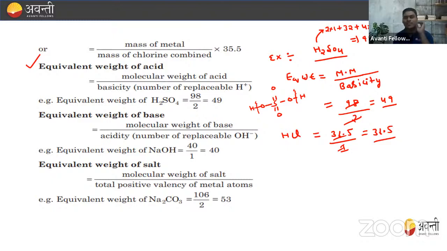So I hope it is clear. How will you calculate the equivalent weight of an acid? जल्दी से confirm करो फटाफट. This is clear? Everyone got it? How we will calculate the equivalent weight of an acid?